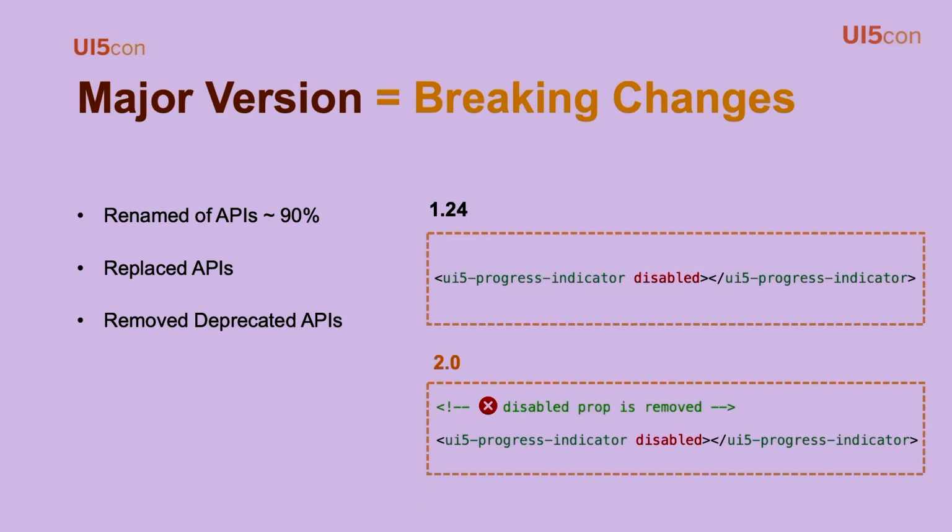All right, and we also have removed APIs that were previously deprecated or became obsolete over time. For example, we removed a disabled property from the process indicator because it's dropped by the design. It wasn't used anywhere.